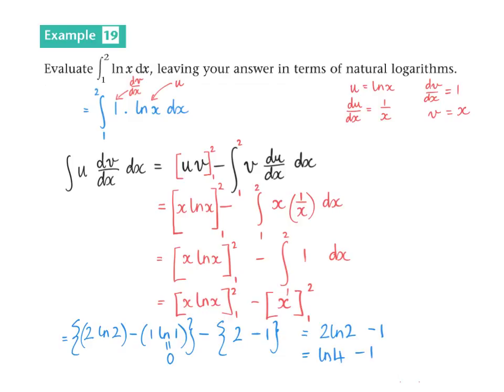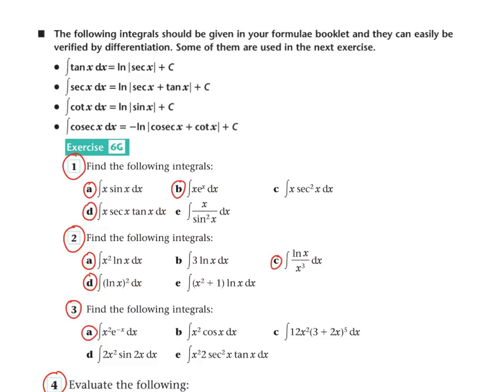So what I'd like you to do now is turn over to the next page. There is exercise 6G. If you look at the top here, you've been given the following integrals, which should be given in the formula booklet, but you can verify them, and we're going to use some of these in the next exercise.